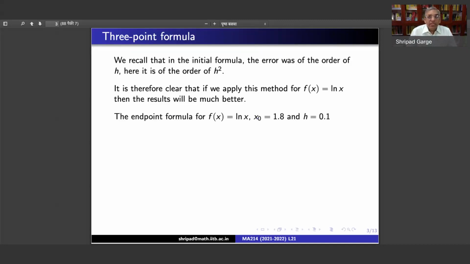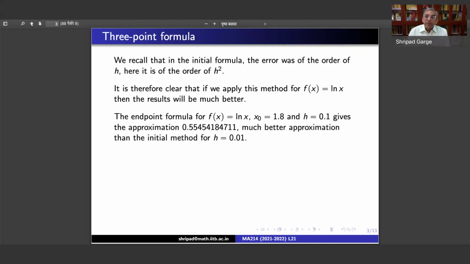Here the function is ln x, and we have x naught equal to 1.8, h equal to 0.1. I will not do the whole calculation, but I'll just give you the final answer. The approximation gives you 0.5545 and then something after that. If you remember from our previous lecture, this answer correct to 2 decimal points came when h was 0.01.